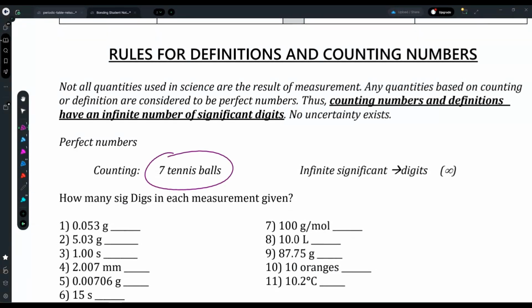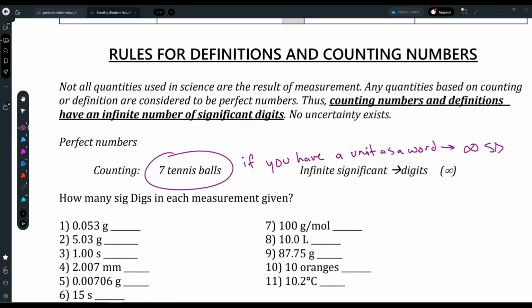Essentially, if you have your unit as a word, then you have infinite amount of sigdigs. So if you have a unit as a word, infinite sigdigs.